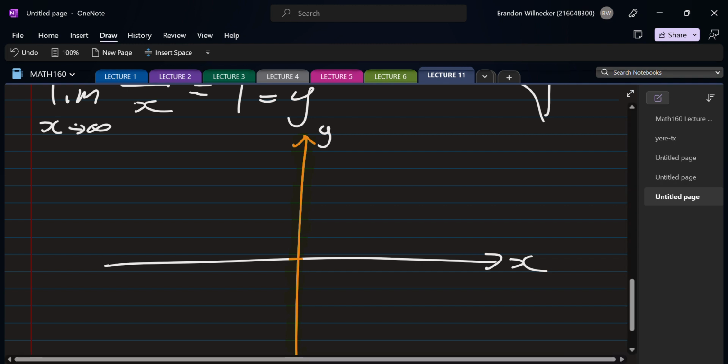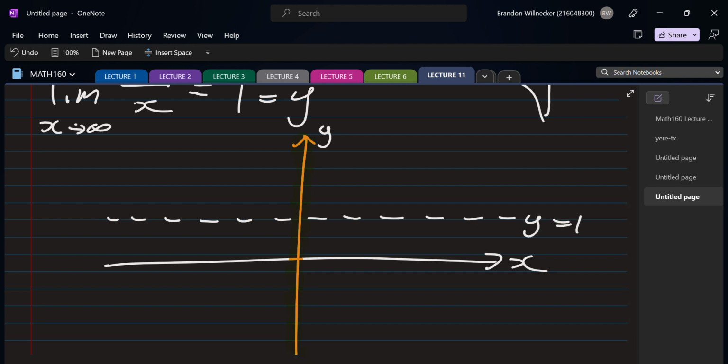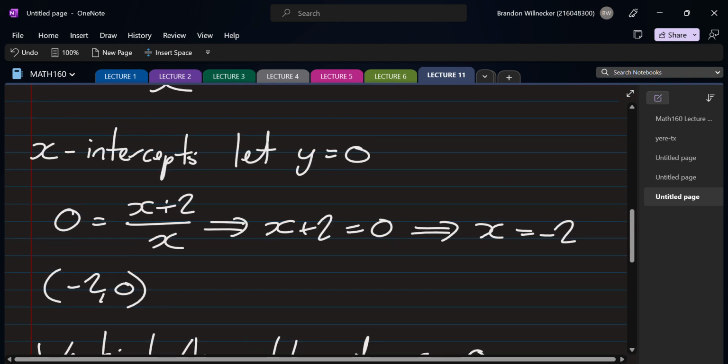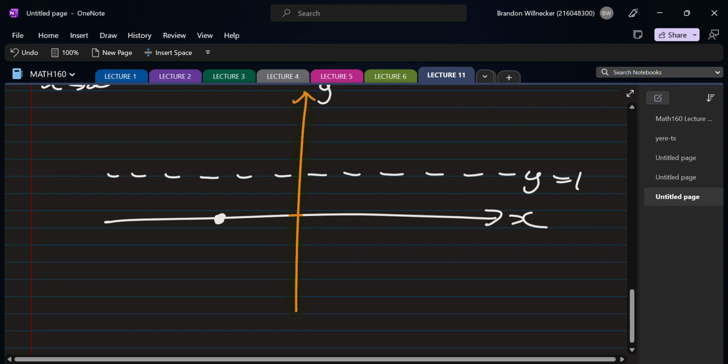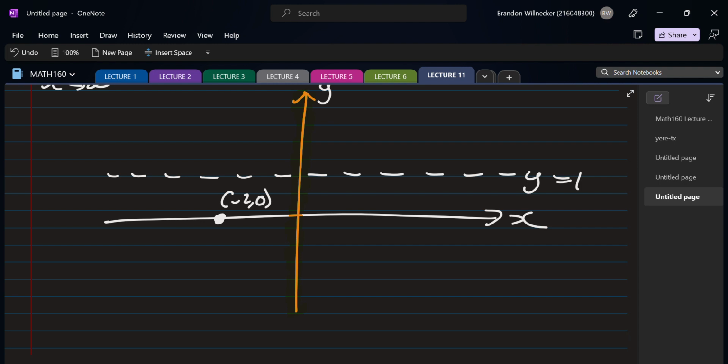Okay, then we have another asymptote at y equals 1. What else do we know? We know that there's an x-intercept at minus 2, 0, so we can put that there. Okay, that's it for now.